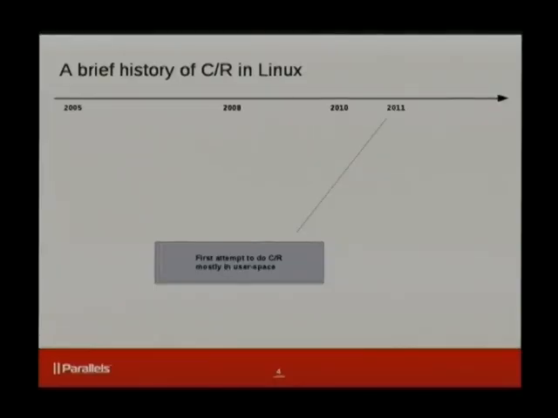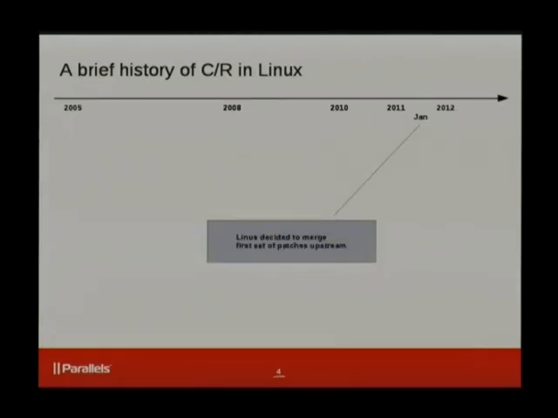Quite soon after that, we decided to try doing checkpoint restore in user space, using the existing kernel APIs to read the state of the applications and to restore it later. However, while doing this, it turned out that some additional support from the kernel was required.